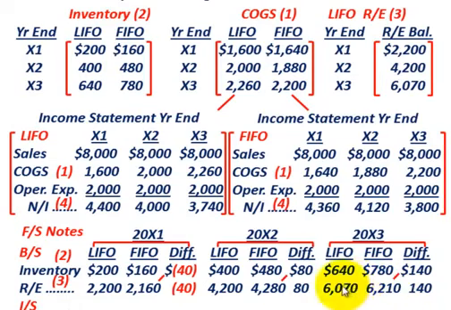Again, the difference between our retained earnings LIFO versus our FIFO is 140. So that's what we're looking at here, this relationship between our inventory and how it affects retained earnings. And we knew the retained earnings for LIFO, and knowing the change in our inventory from LIFO to FIFO, whatever increase or decrease increases or decreases our retained earnings.